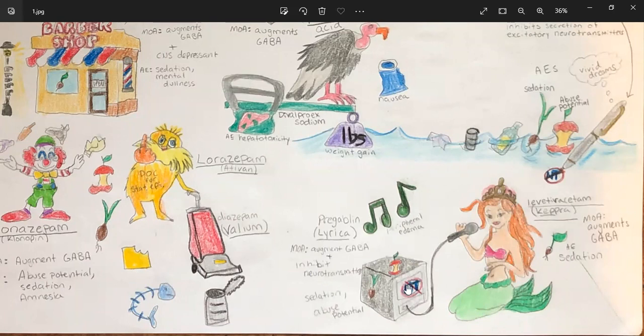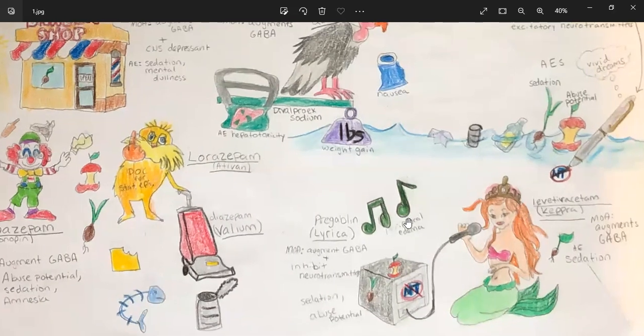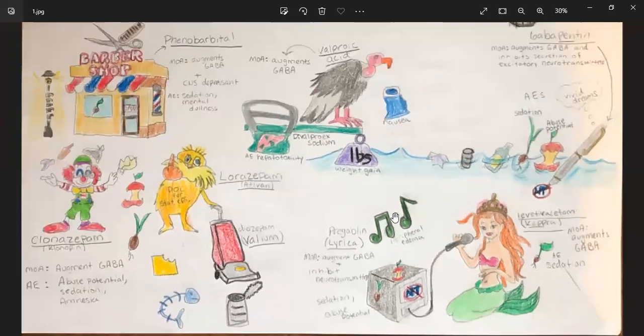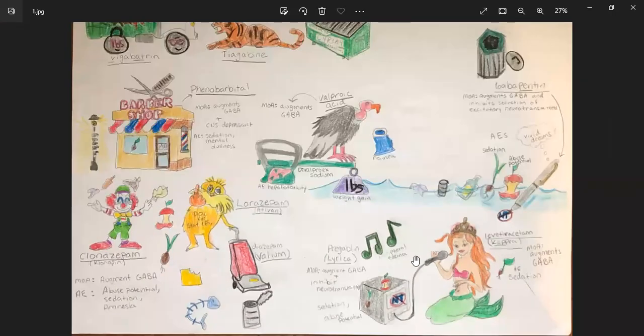So again, there's a little NT that's crossed out on the lyric screen, the karaoke machine. Adverse effects are sedation, and again abuse potential, and also peripheral edema. You can see these music notes are really large in this bottom part, so that's supposed to represent peripheral edema.